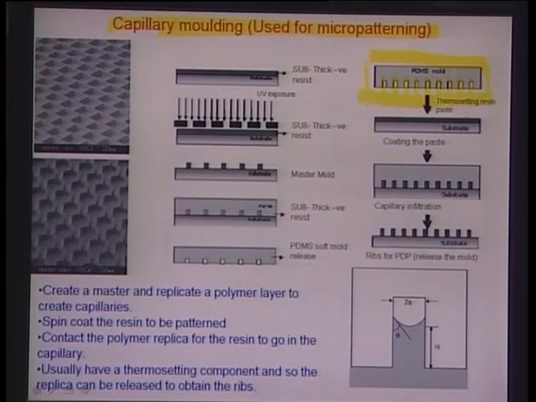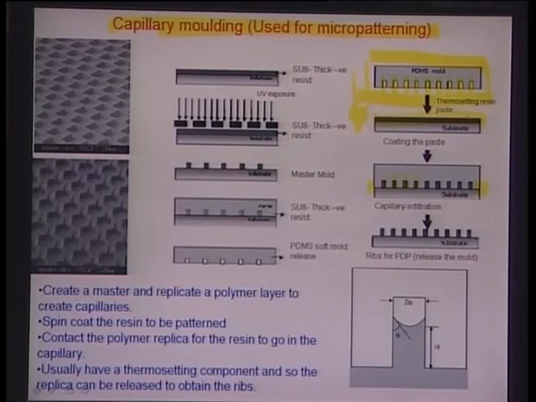And then we press this PDMS mold on the top of this thermosetting resin and press it till the resin actually takes the shape of these small micro capillaries. Essentially the PDMS, when it sits on the top of this thermosetting resin, squeezes the material in both directions. So, there is the material coming out from these ends and the material also getting filled into these capillaries, as you can see.